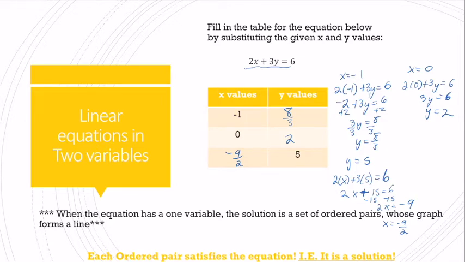So, for example, here, in order to plot the line 2x plus 3y equals 6, I could plot when x is negative 1, y is 8/3, and when x is 0, y is 2. So why don't we go ahead and do that? I know when x is negative 1, y is 8/3, and when x is 0, y is 2.